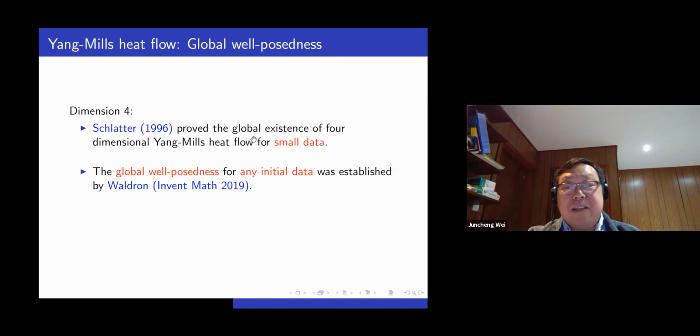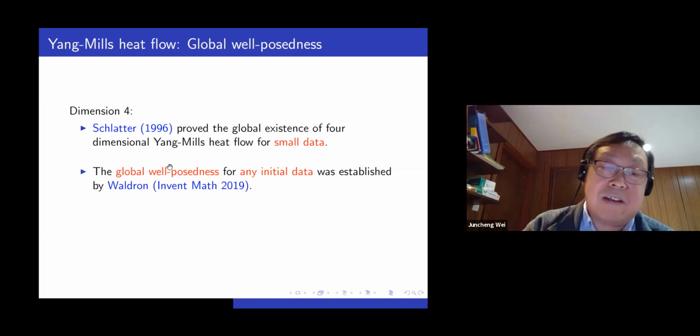And the global existence for any initial data, large data, was established by a very interesting paper by Waldron in 2019. And he proved that the Yang-Mills flow always has global existence for any initial data.